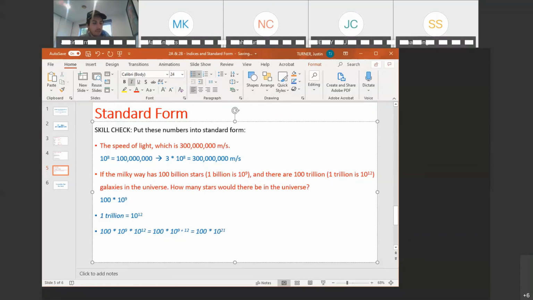Now, you might want to stop there, but you might also notice that 100 is the same as 10 to the power of 2. So 10 to the power of 2 times 10 to the power of 21, and we can simplify that because the base of these two numbers is 10. We can do exactly what we did over here and just add the indices together. So we end up with 10 to the power of 21 plus 2, which gives us 10 to the power of 23.